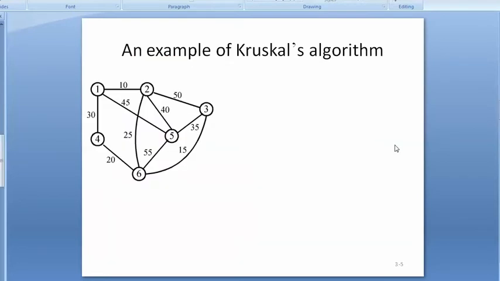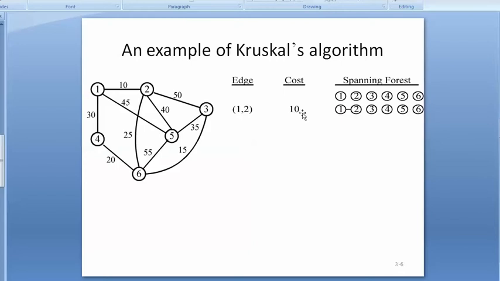To make it more clear, let's consider an example. Here comes an example. This is the same graph which I showed you in the previous slides, and suppose we are required to find a minimum spanning tree for this graph. As mentioned in the algorithm, we first sort all the edges in non-decreasing order.